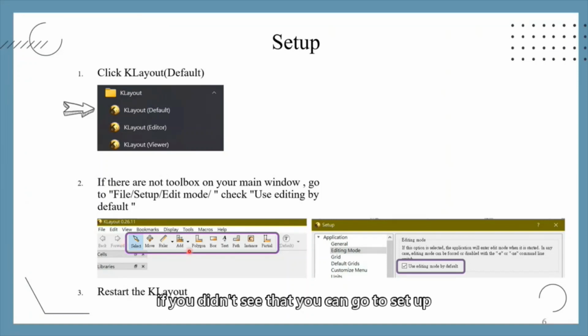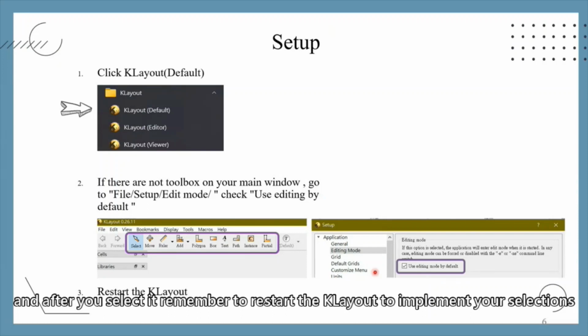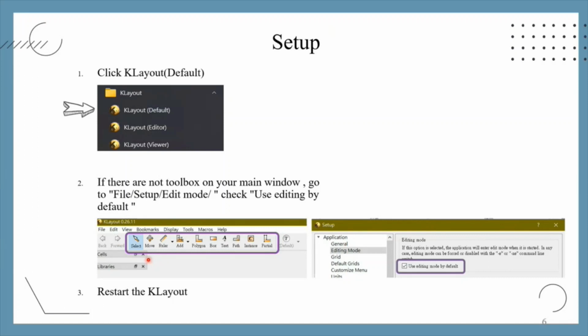If you don't see that, you can go to Setup, and under Application, you can select Editing Mode, and you just check this one, so you can use Editing Mode by default. After you select it, remember to restart K-layout to apply your selections.